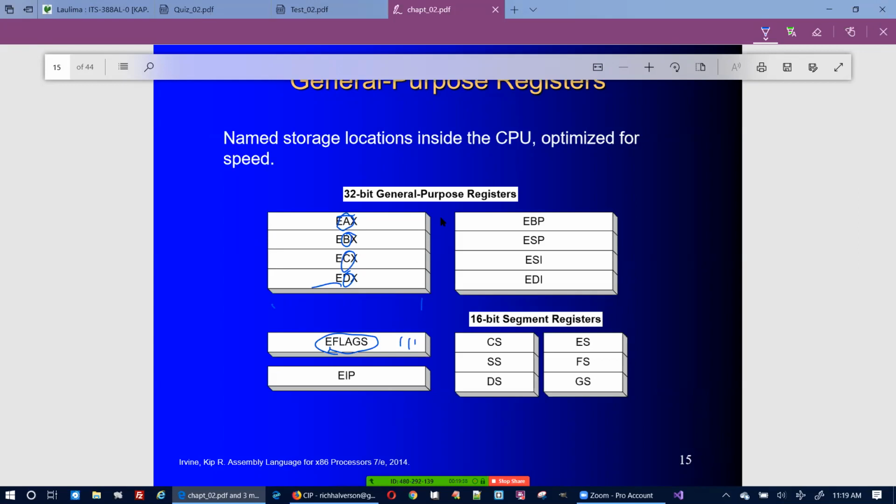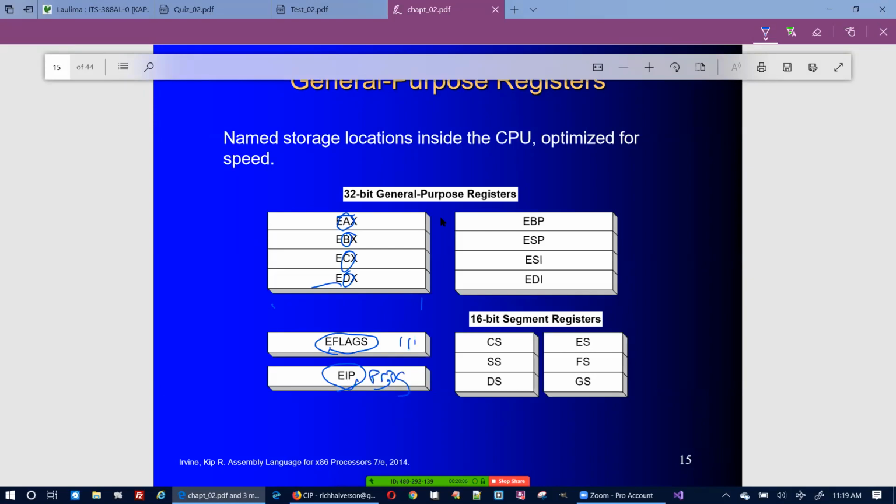Certain flags are set or cleared, and then you can do tests on them and jump to different parts of your code and so on. This is the instruction pointer. This points to the next address in your program, so this is pointing into program memory.